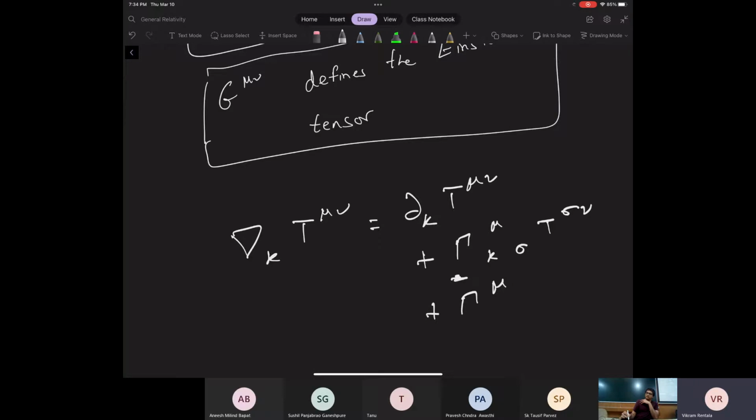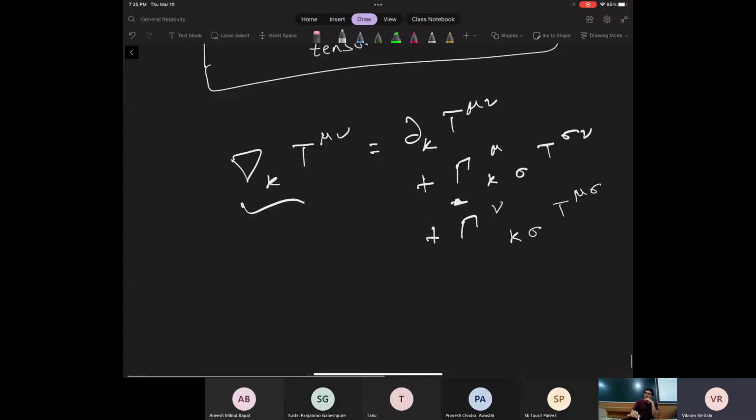And then we have the term with gamma nu kappa sigma T mu sigma. So we're doing this differentiation.